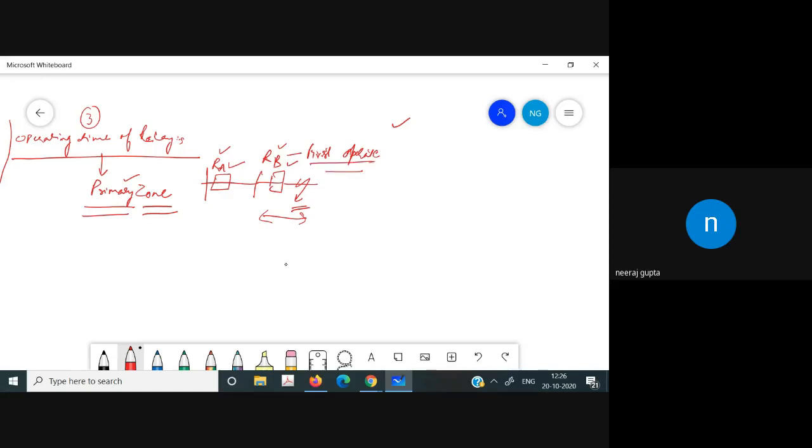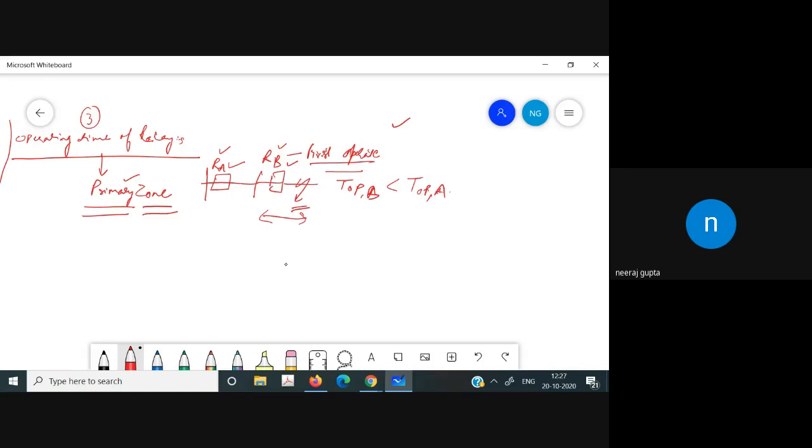So this primary protection, RB, will first operate, and the operating time of B is less than the operating time of relay A. So that's why the selectivity is maintained if the operating time is less.